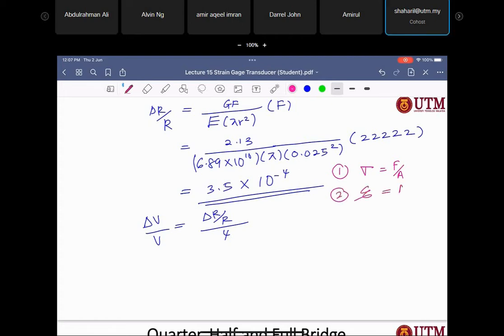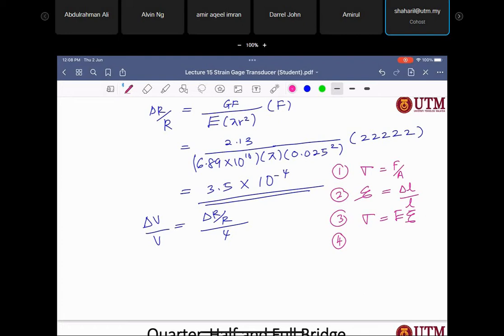Then the strain is delta L over L. We also have the relationship between stress and strain: the stress, the Young's modulus, and the strain. Equations 1, 2, and 3 are the basics for strain and stress, right?